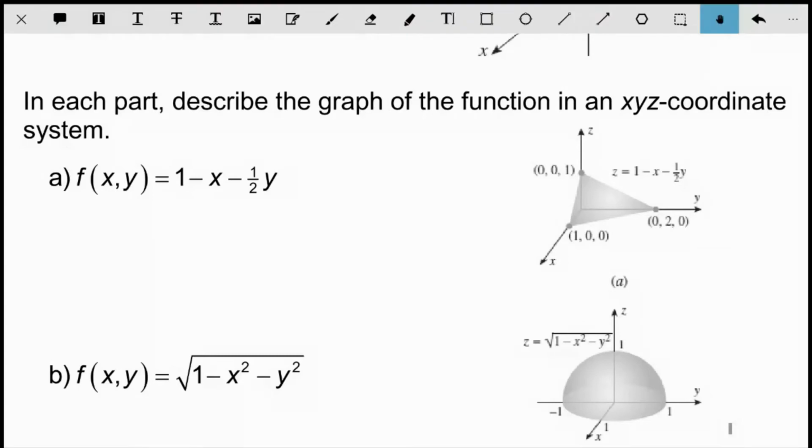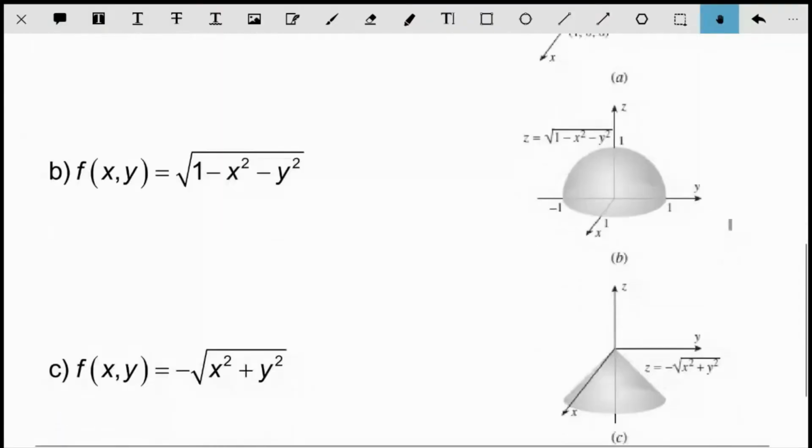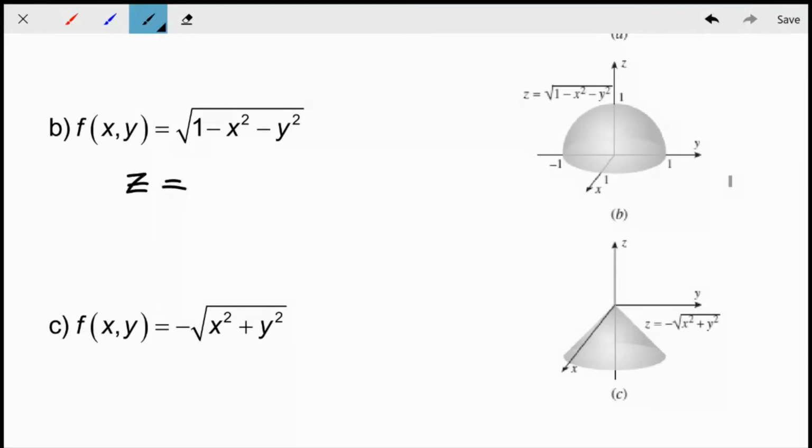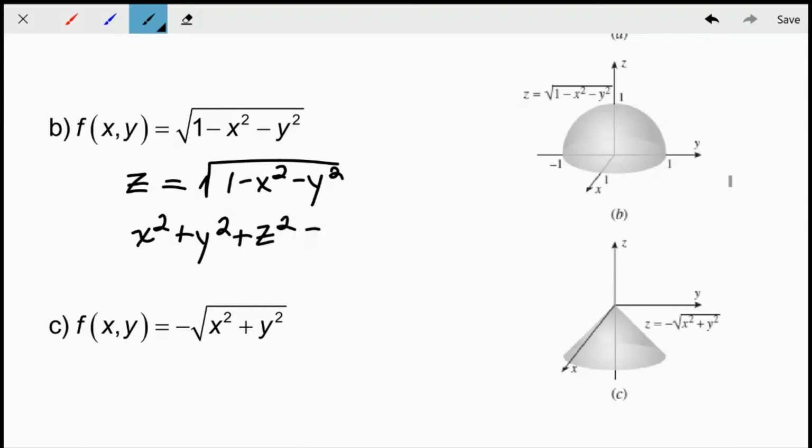Okay, the next one here, B, it says f of xy is equal to the square root of 1 minus x squared minus y squared. Well, remember, this is sort of like z equals the square root of 1 minus x squared minus y squared. Let's get rid of that square root, and this becomes x squared plus y squared plus z squared is equal to 1.